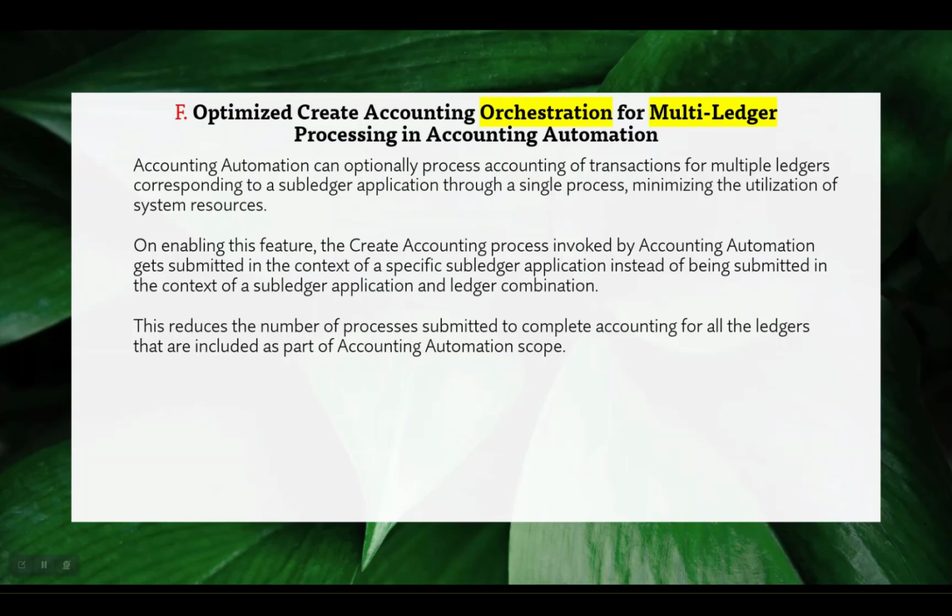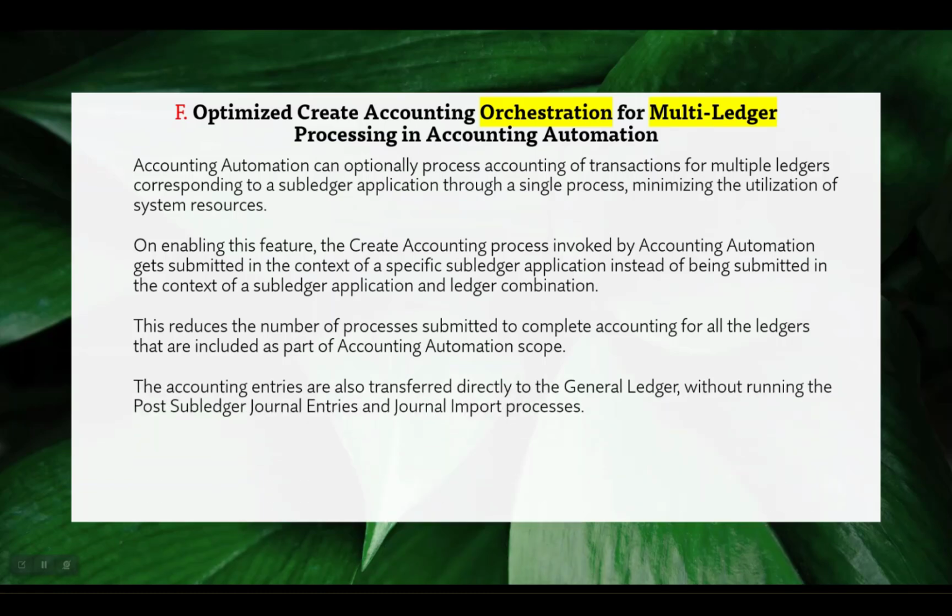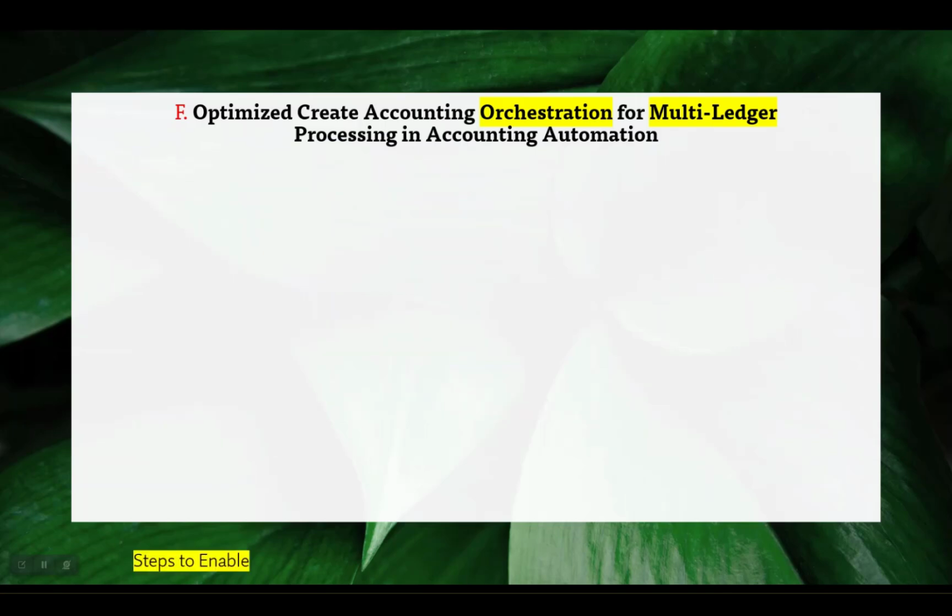Now you can run it one time for multiple ledgers instead of 50 times. Accounting entries are also transferred directly to the GL without running both the subledger journal entries and journal import process. This results in better management of system resources and improved efficiency.